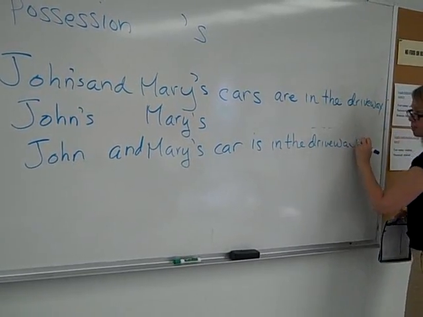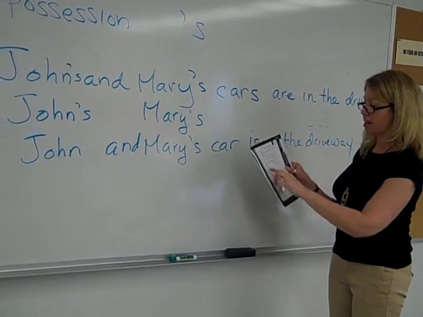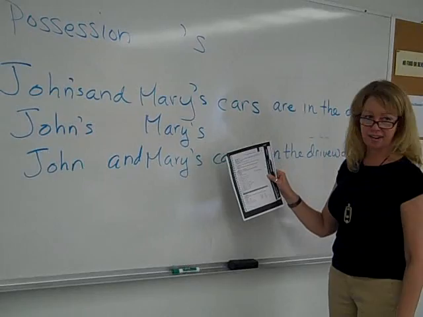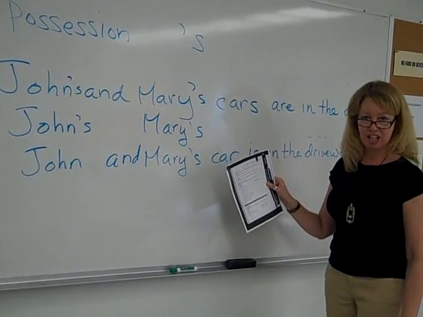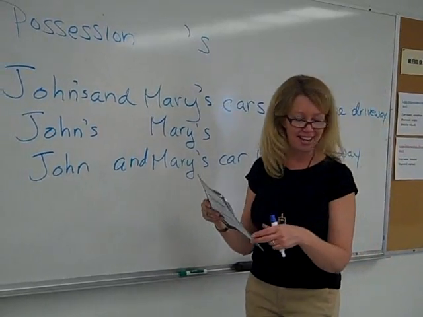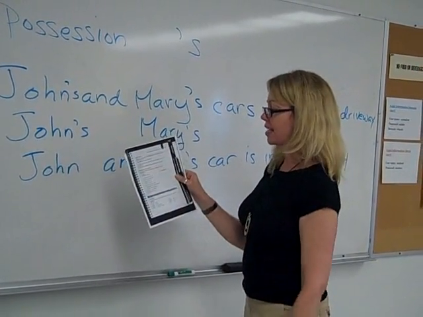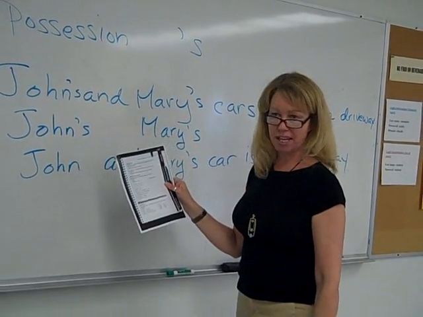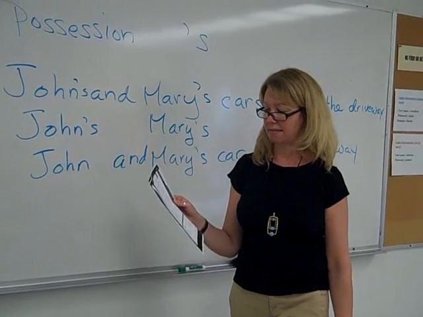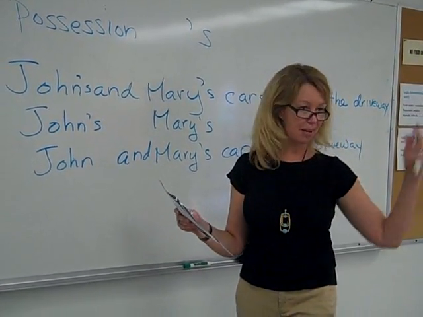Everybody understand the difference between the two? You'll see the example: John and Mary's wedding is next Saturday. Are they marrying each other? Yes, because they have a joint wedding. But Mary's, Joan's, and Barbara's husbands work for the same company. How many husbands are there in this sentence? Three, because there's Mary, Joan, and Barbara. Three husbands.